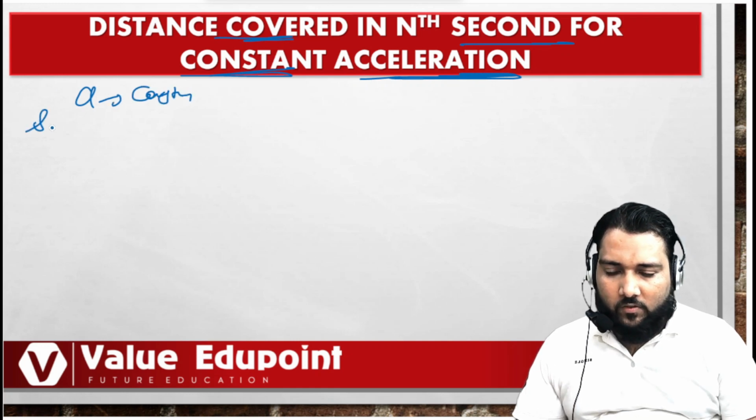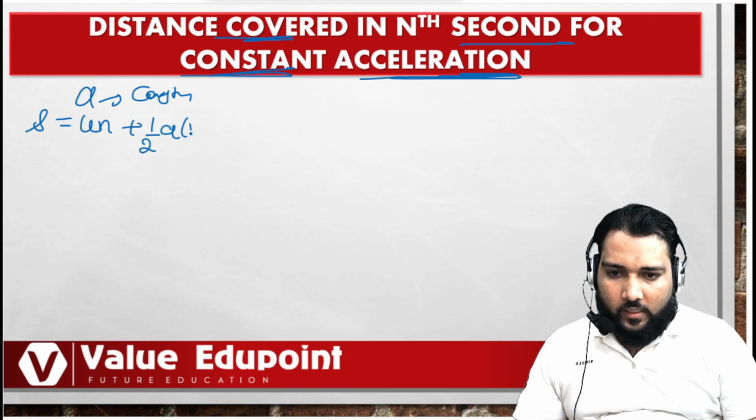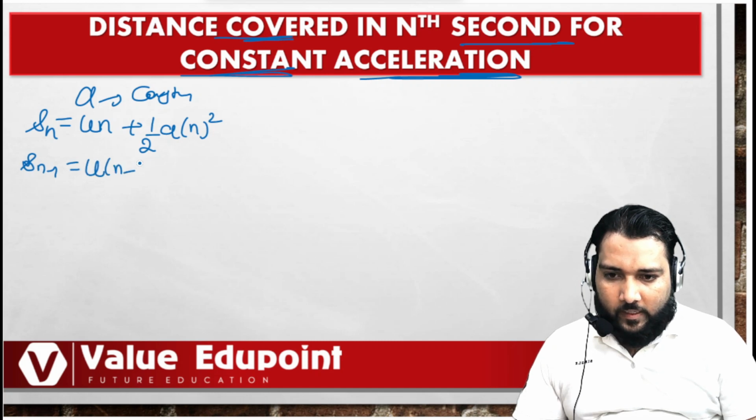Again, the same: for n seconds, the distance will be u, the initial velocity, times t, which is n seconds, plus half a n square. This is the distance in n seconds, and the distance in n minus 1 seconds will be u times (n minus 1) plus half a times (n minus 1) whole square.